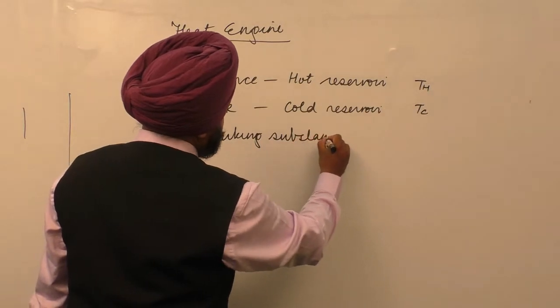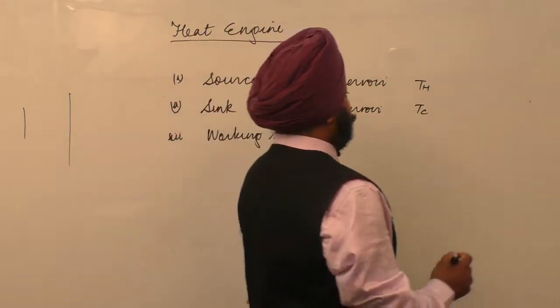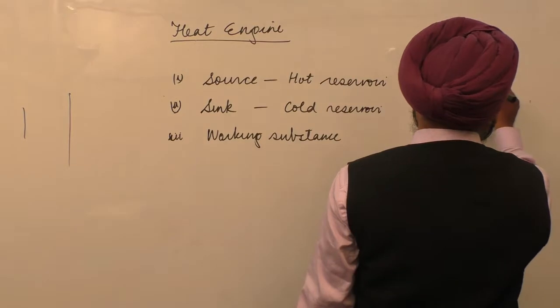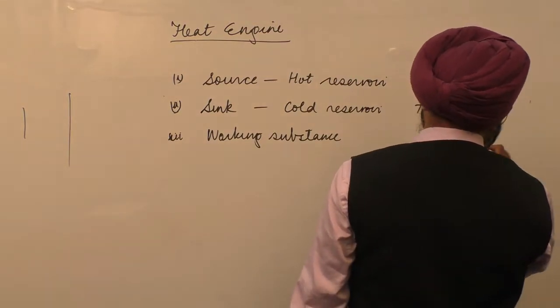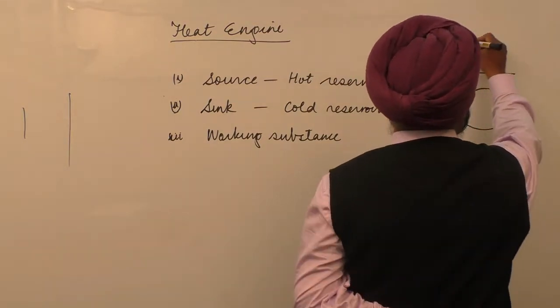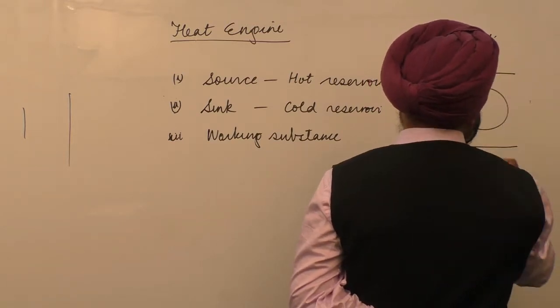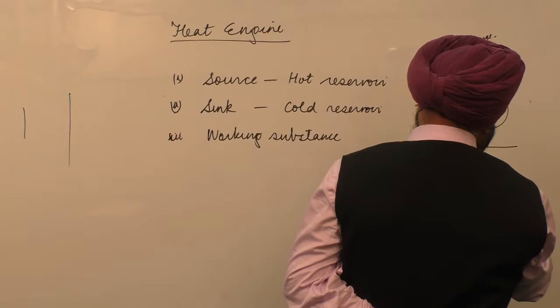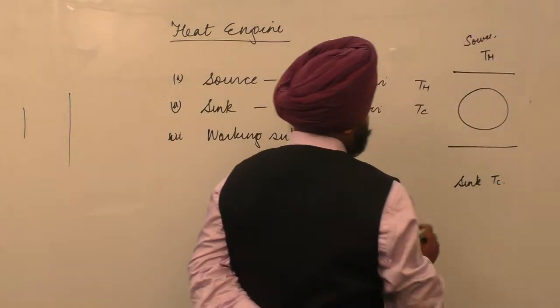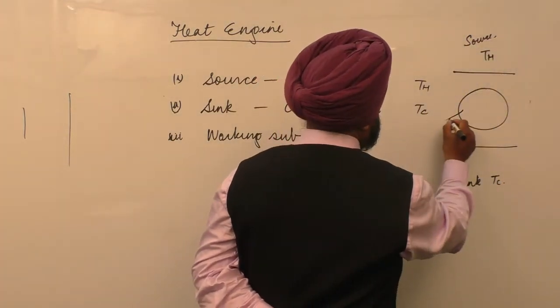So what does the working substance do? If you draw a block diagram of this, we have something like this. Right? This is the source, hot reservoir, temperature TH. This is the sink, cold reservoir, temperature TC. This is the engine.